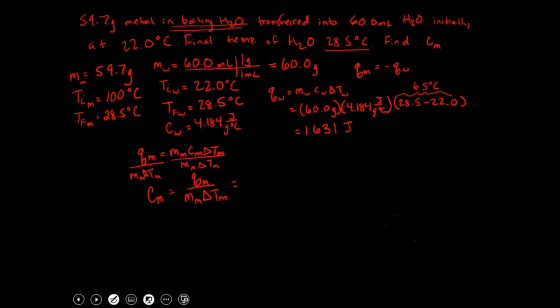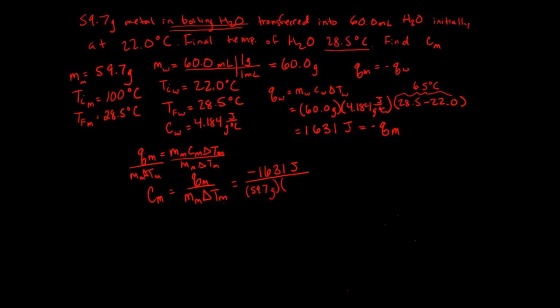And since this is negative Q metal, now we have negative 1,631 joules divided by the mass of our metal, 59.7 grams, times the change in temperature.